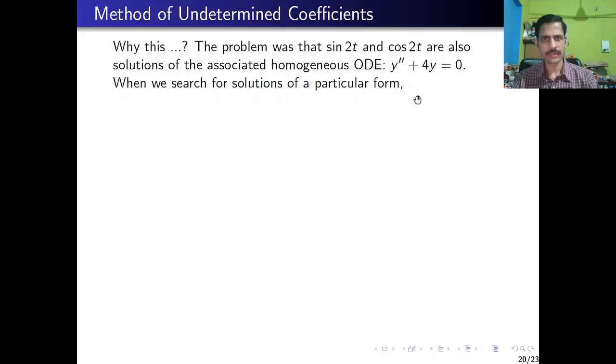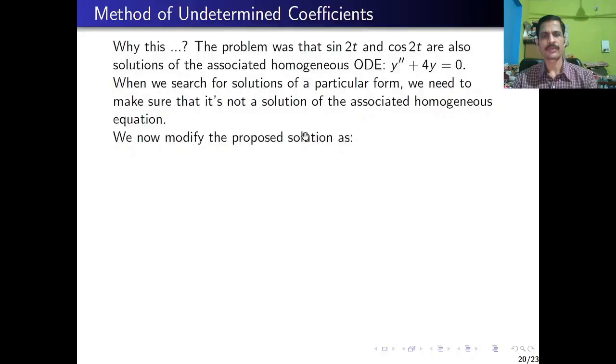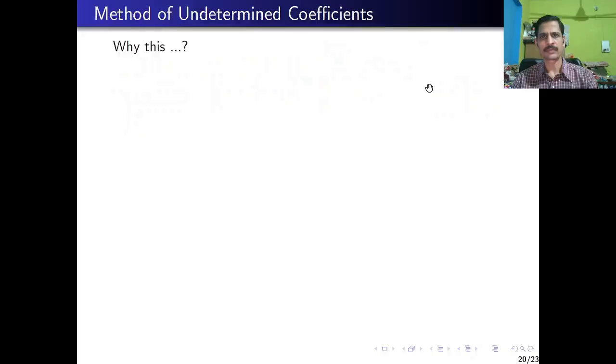So we know that whenever such thing happens, we have to modify our proposed solution. Why this happens? That is because for the characteristic equation m square plus 4 equal to 0, 2i is a root, which gives rise to sin 2t and cos 2t being solution of the homogeneous differential equation, but that is similar to the R(t) here.